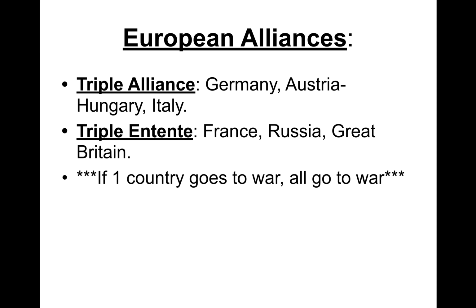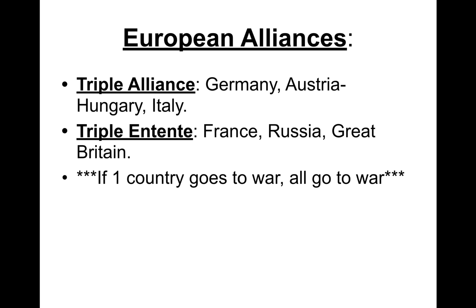Now, this is something, guys, that you need to understand. An alliance is also like a friendship between two countries. Okay? It's an agreement. It's a friendship. So if one country is having issues, it is a responsibility of the other countries to back them up. That is what a good friend would do.